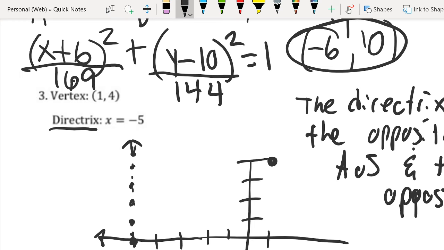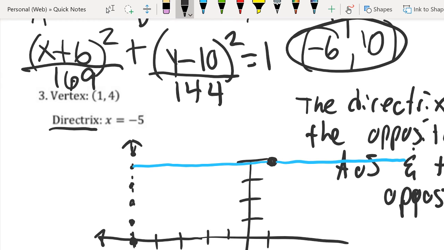So basically, the directrix is here. Our vertex is here. The distance from the vertex to the directrix is the same distance we would go to get to the focus in the opposite direction, which is why I like to call it the opposite.